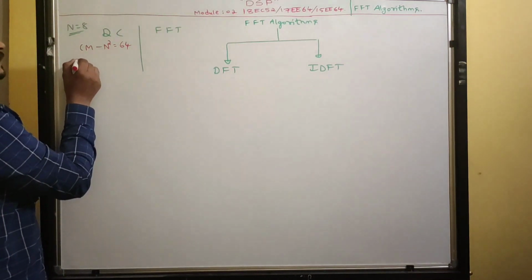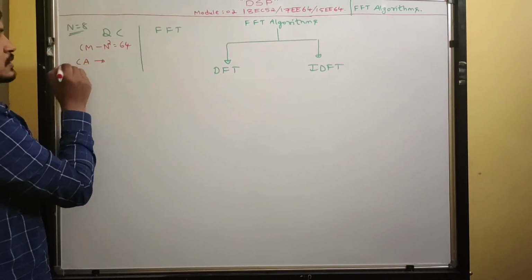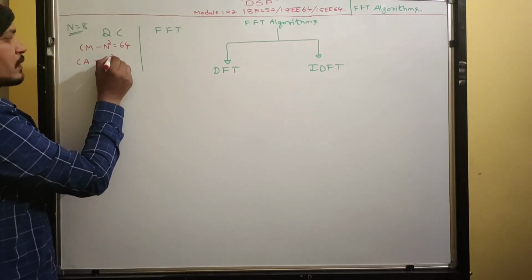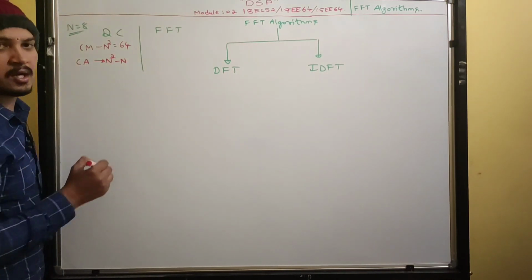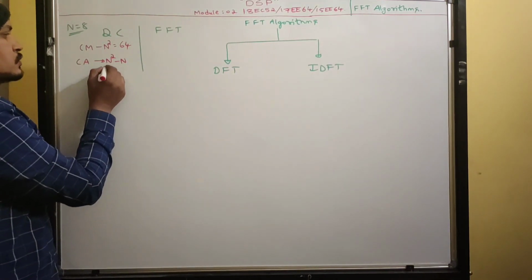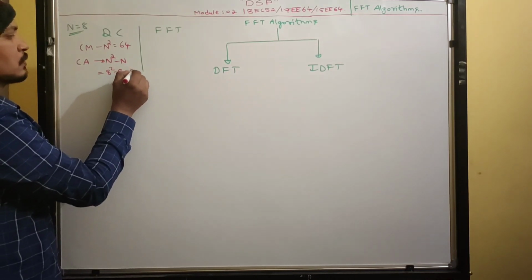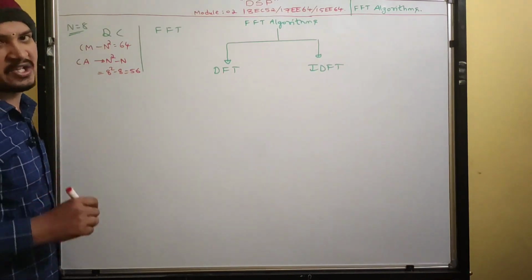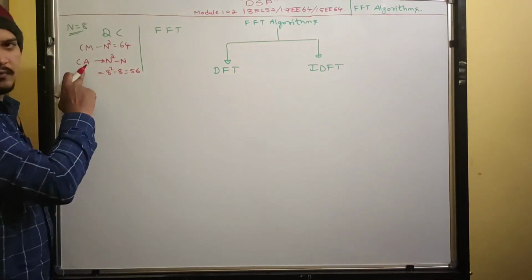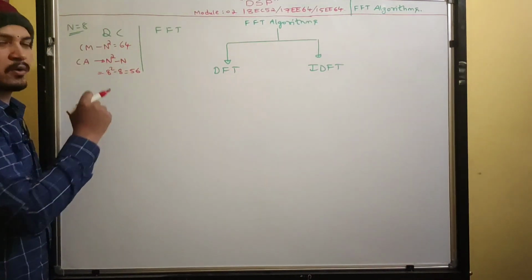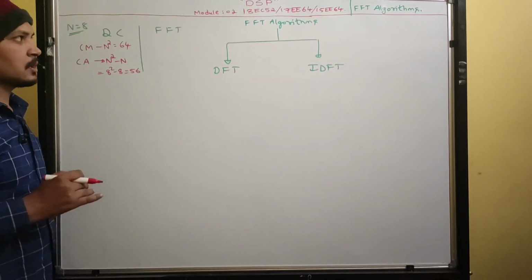Next, complex additions. We require N square minus N additions. N square is 8 square, minus 8, so you will get 56 additions. So complex addition in direct computation requires 56 additions.